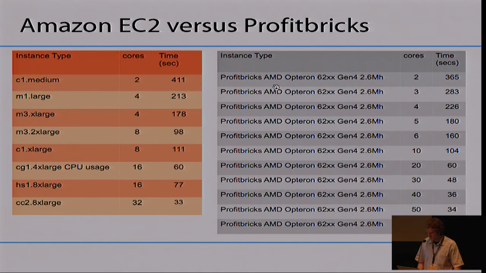And with Profitbricks, this was not a problem. I could just try them out. And the very good thing that Profitbricks also offers is that I can increase the number of cores while my instance is running. In Amazon I have to shut it down, and with Profitbricks I can just increase the number of cores while it's running, so it's very easy to upscale the system.